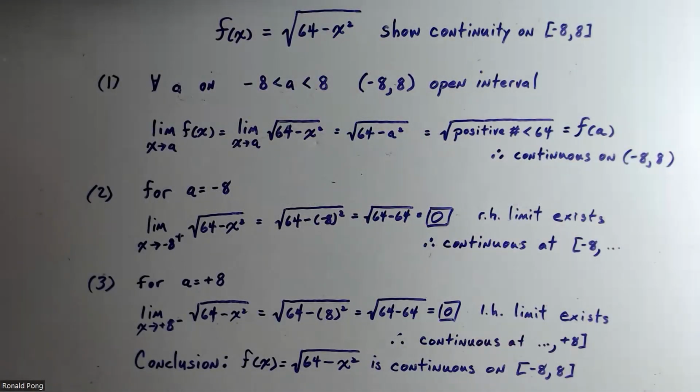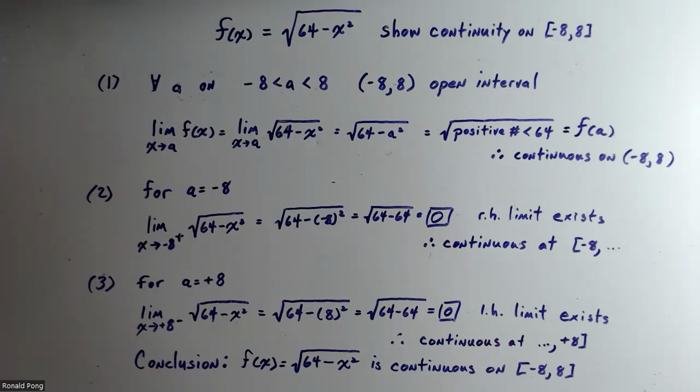In order to prove a function is continuous on a closed interval, we prove first that the function is continuous on the corresponding open interval, and then we check either end of the function to make sure that we can actually reach an endpoint.